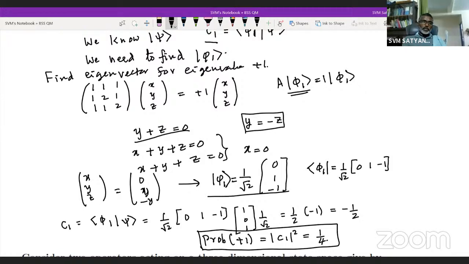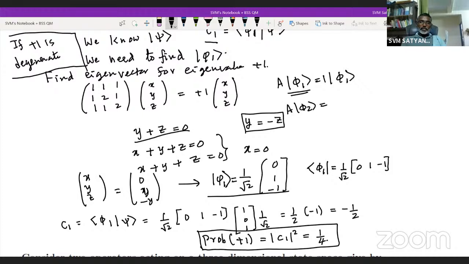Okay, I think it's a good question. So what you are asking is that if +1 is degenerate, then let us say you have phi1 and phi2, where A phi1 is equal to +1 phi1, and let's say there is another, A phi2 is equal to +1 phi2.